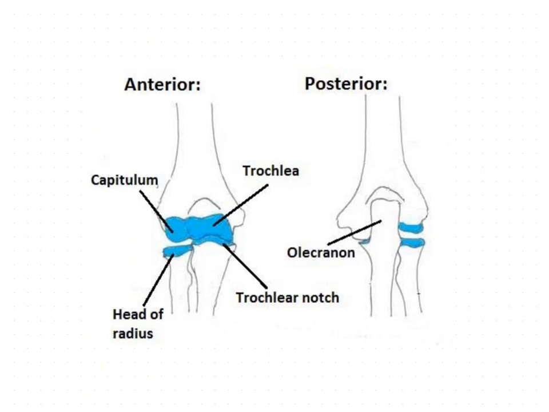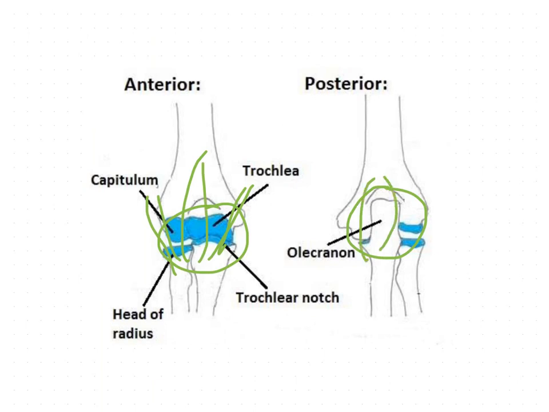Here you can see the configuration of the joint surfaces as well as the ligaments and the joint capsule, including the ligaments of both the medial side and the lateral side, and the anterior side capsule and posterior side capsule. All these factors limit the range of motion but also help to provide stability for the elbow.